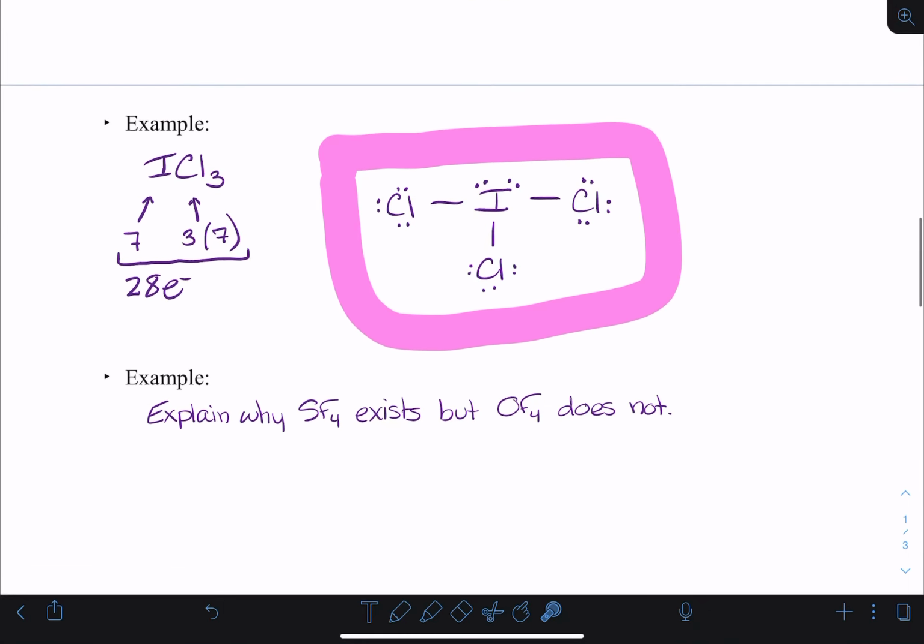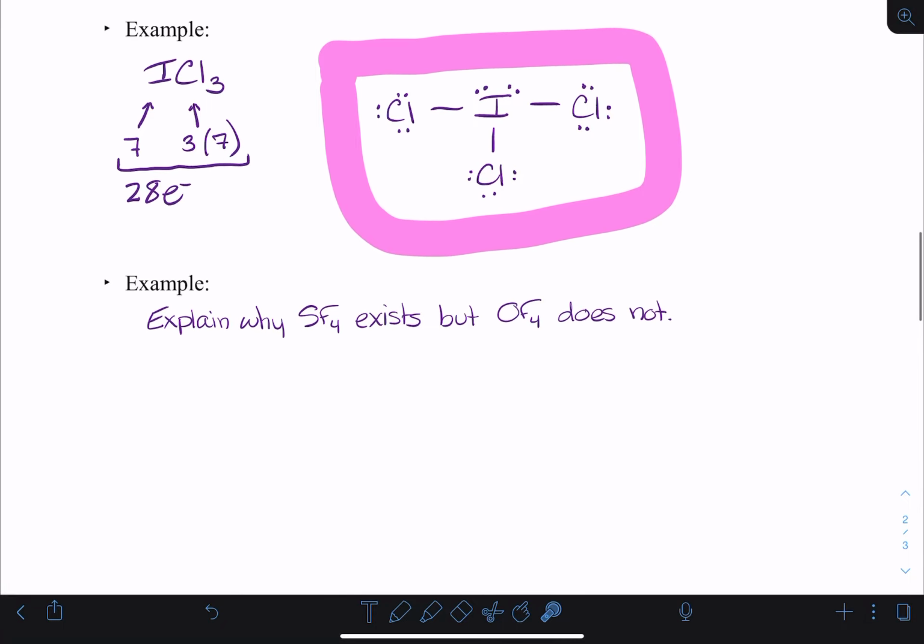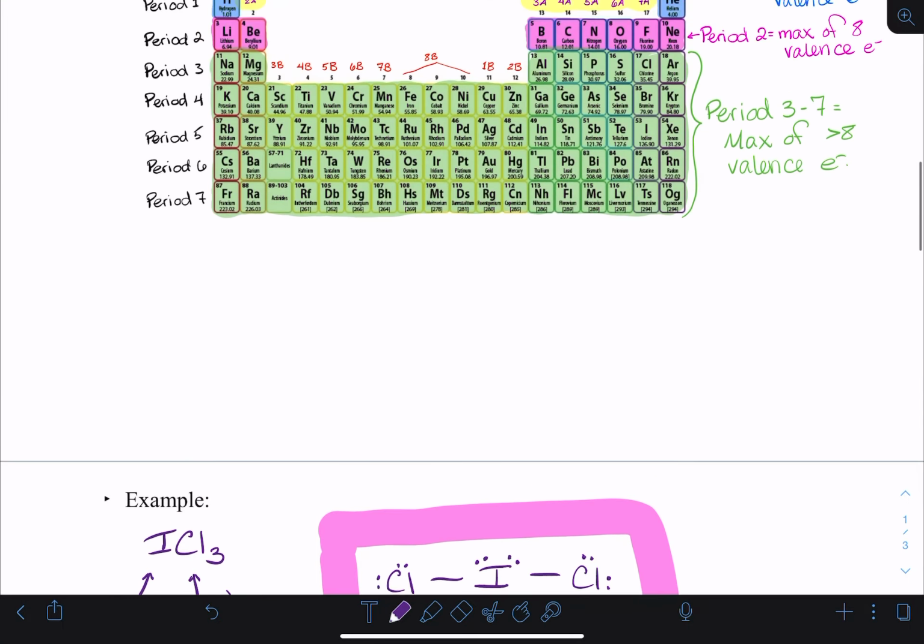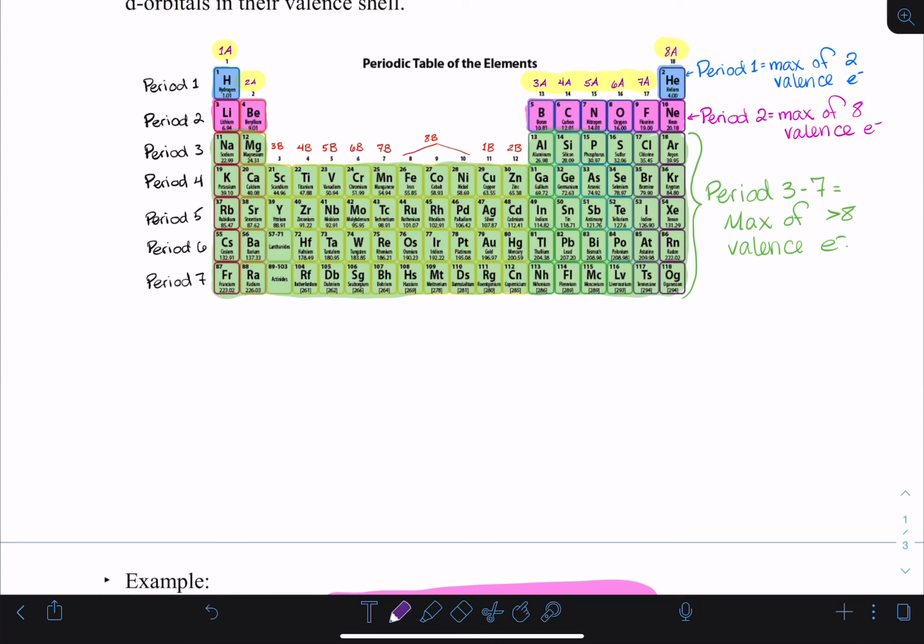So you can use this idea to start to understand why some compounds exist and others don't, even though they look very similar. So for instance, SF4 and OF4 both have 4 fluorine atoms bonded to a sulfur and an oxygen respectively, and sulfur and oxygen are in the same chemical family, so you would expect them to have similar chemistry, similar bonding patterns, and form very similar compounds.